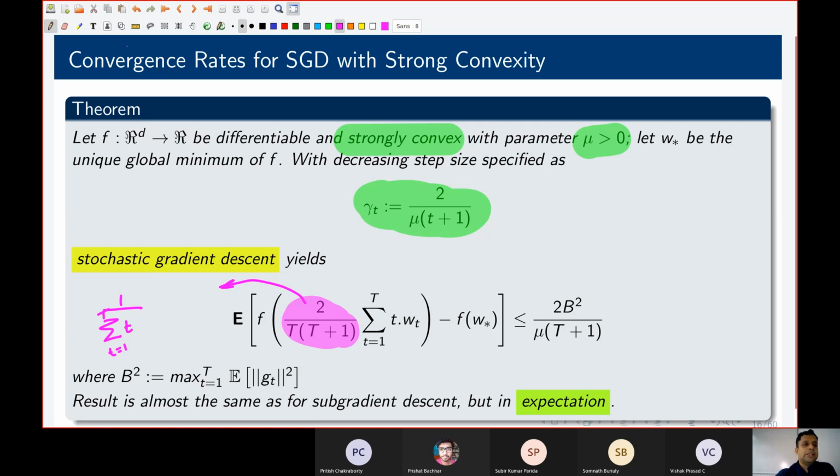Okay, so we are slightly different. We have basically an average, but a weighted average. Okay, the weighted average. So the entire thing can be viewed as a weighted average.